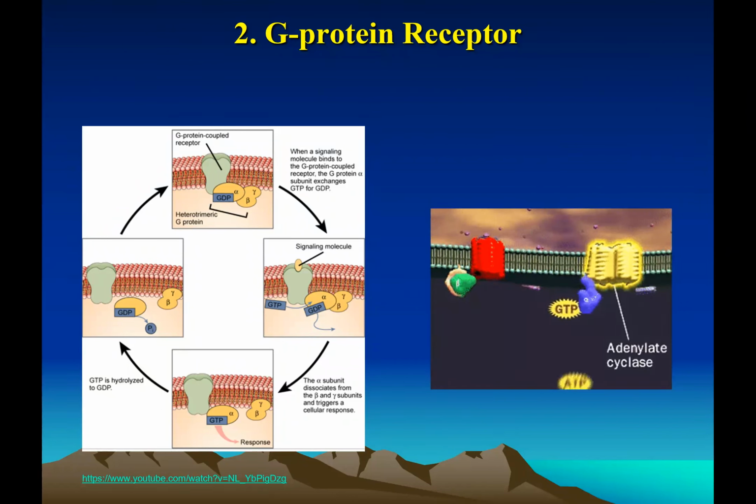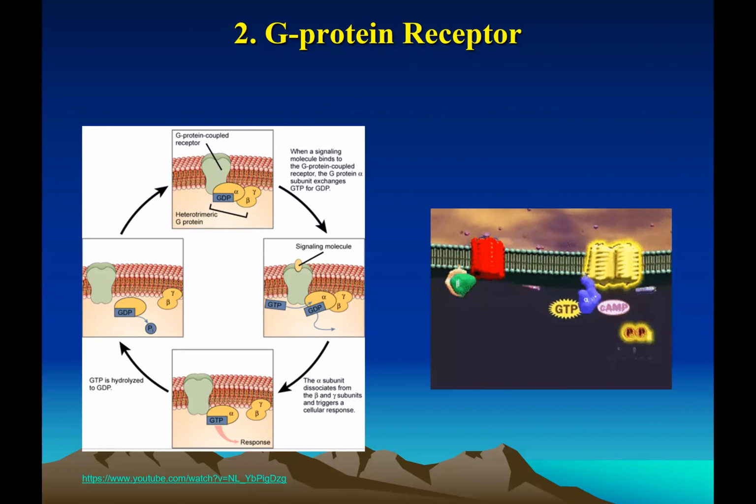It will activate another protein in the cell membrane called adenylyl cyclase. Adenylyl cyclase will break down ATP to cyclic AMP. Cyclic AMP is called the second messenger that is going to trigger the signal transduction pathway.